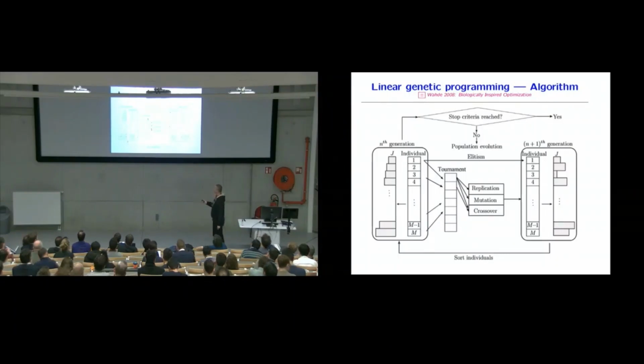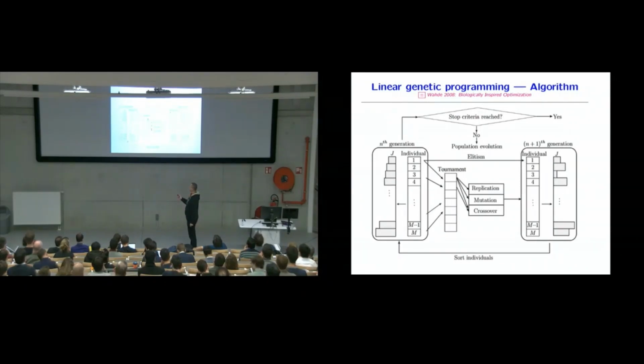You randomly select some of these individuals, you put them in the tournament, and then you take the best individual of the tournament. This way, the better individuals have a larger chance of being selected. In the other case, you would have to assume a probability depending on the cost function, and this is a dangerous undertaking. So this tends to be more robust.